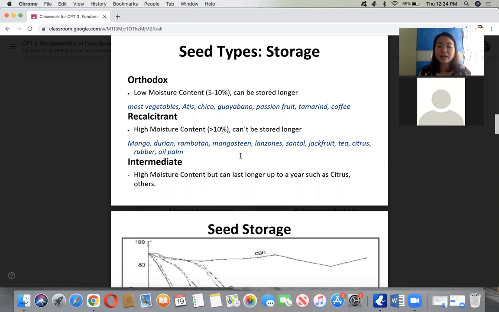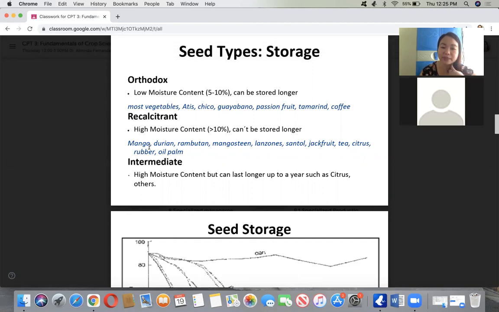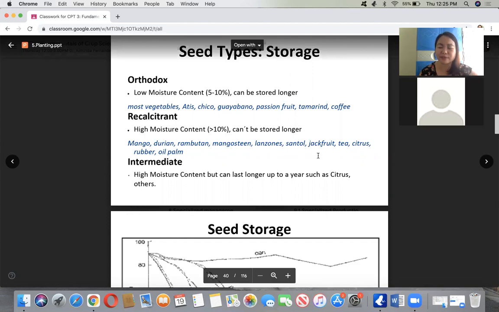Have you seen jackfruit with roots when you open the fruit? Its seeds have roots, right? And also for mango, but commonly in jackfruit.